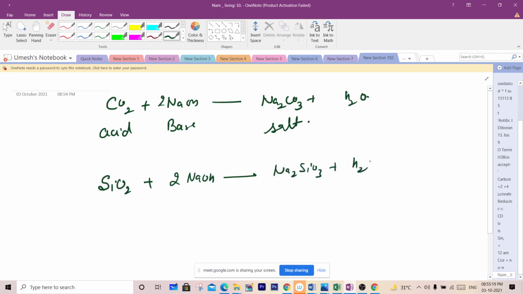The second reaction is with silicon dioxide, and I told you that silicon dioxide is less acidic. So here the reaction will be slow. It's a base, it's an acid, salt is formed, yes.